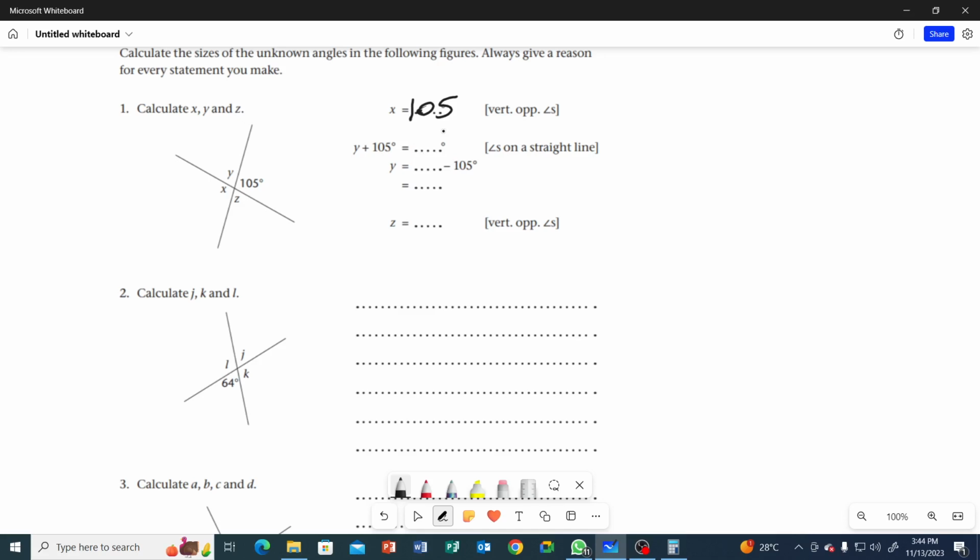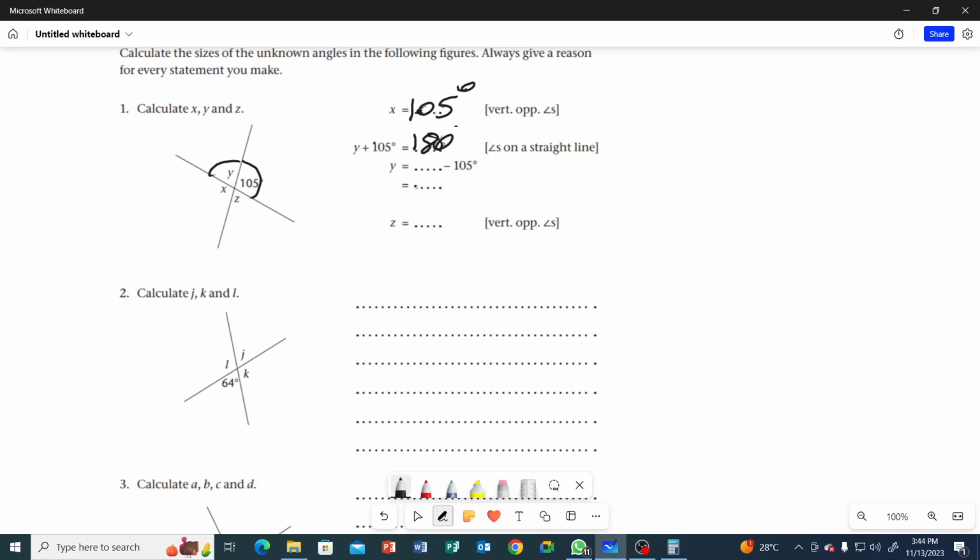Okay. Now, if Y plus 105 is equal to 180 degrees, what must I do to get Y? You take 105, you subtract it from 180 degrees, jumps the equal sign, then it becomes negative. So it's 180 minus 105.